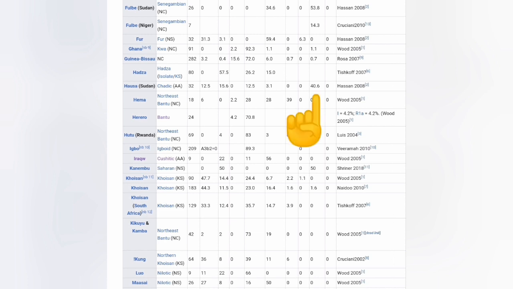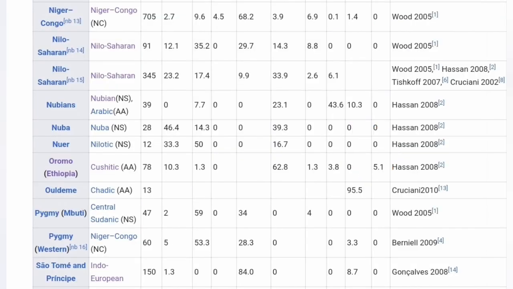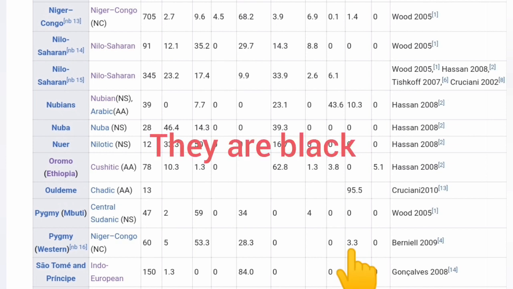The Hausa have 40%. 12% in Herero, the Bantu people in Herero. 50% in Saharan Kanembu. 1.6% in Khoisan. 1.4% in Niger Congo. 10% in the Nubians. 95% in Chadic Afroasiatic speakers. 3% in Pygmies. 8% in Indo-Europeans.